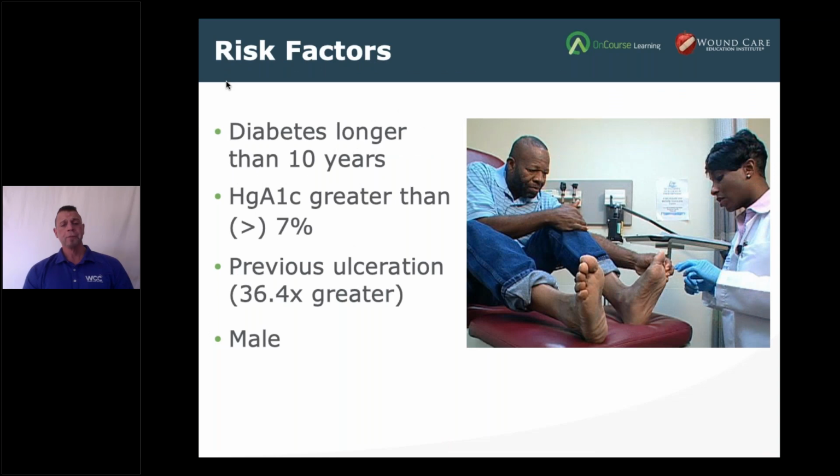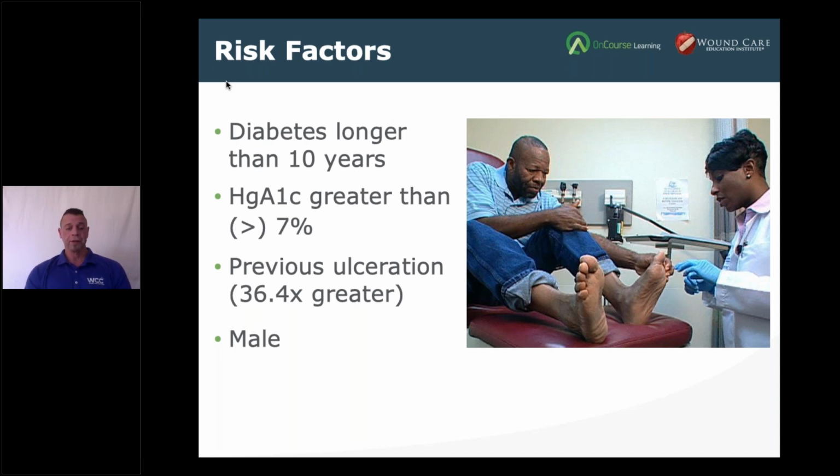Now, risk factors for developing DFUs, of course, are numerous. Okay, one, of course, is any patient who's had diabetes longer than 10 years. They're going to be significantly at risk for getting a DFU than somebody who's just first being diagnosed in the early stages of diabetes. Of course, those that chronically have their A1Cs greater than 7%.